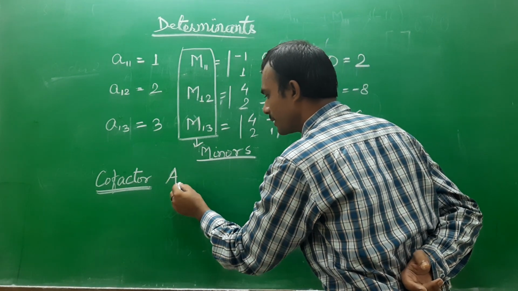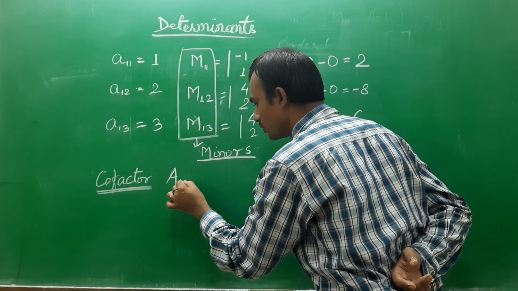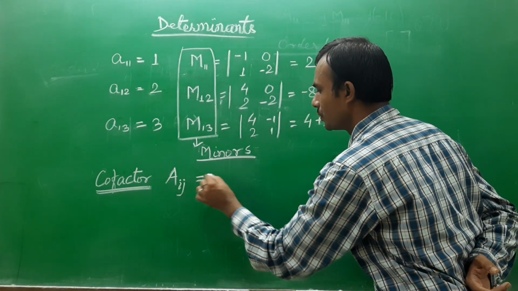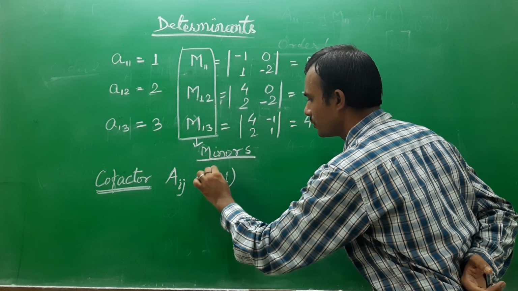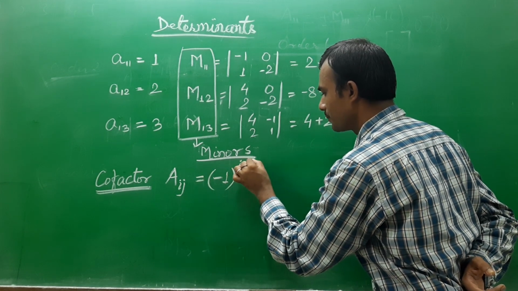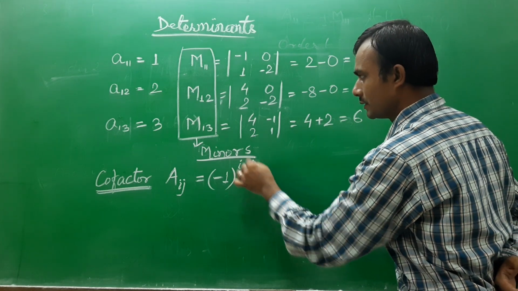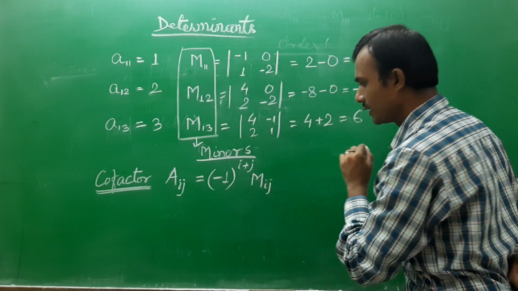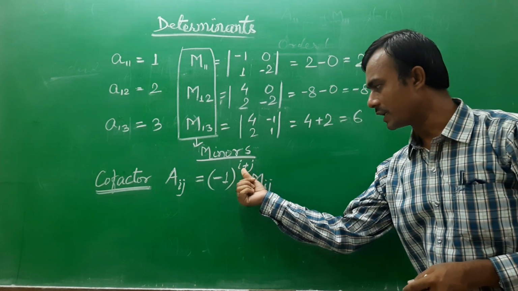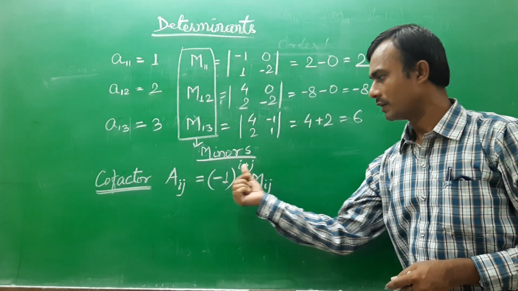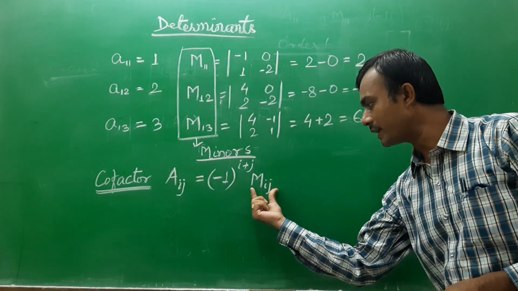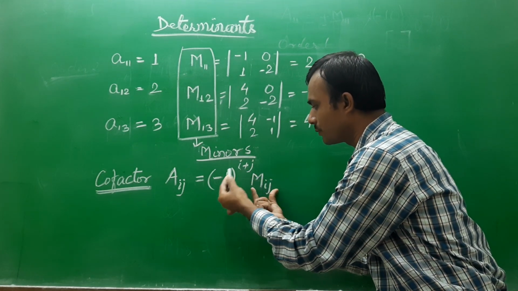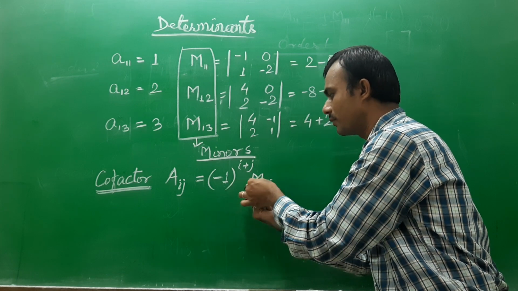So this is capital A i j, where i is the row number and j is the column number, equals minus 1 to the power i plus j, times the minor M i j. It means that based on i plus j, the cofactor will be either the positive of the minor or the negative of the minor.